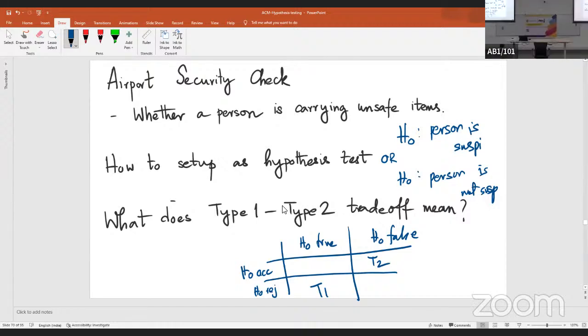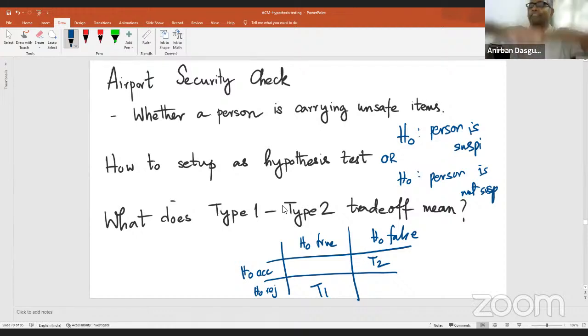So we would go with the person is not suspicious. Okay, interesting. Why is that? That's why I suggested not suspicious.